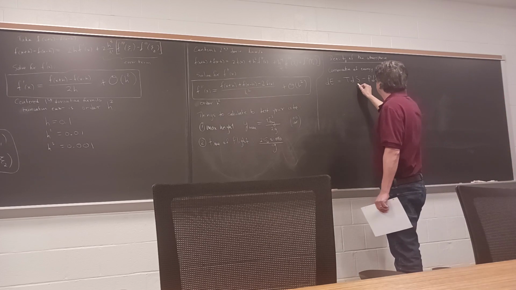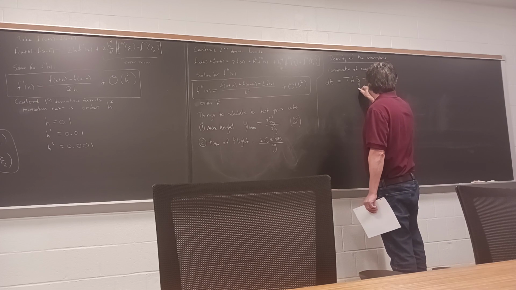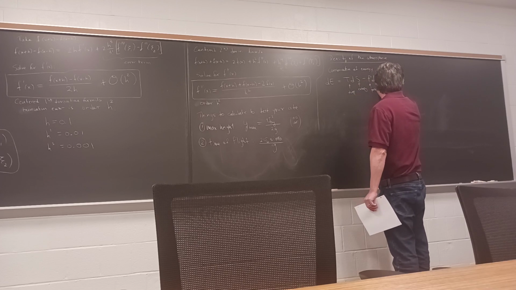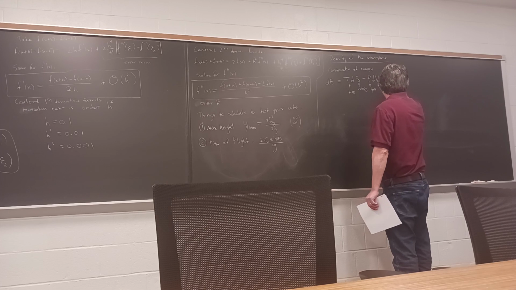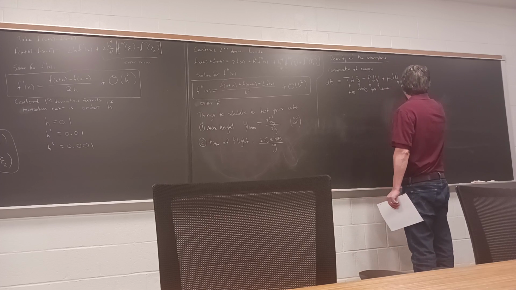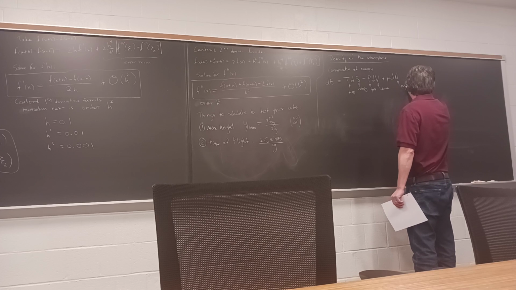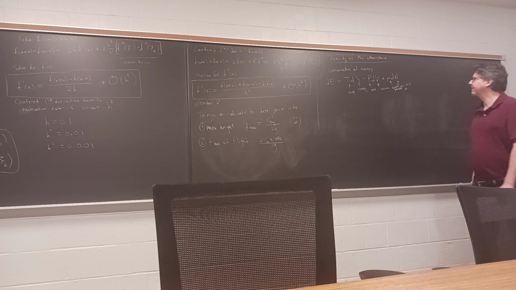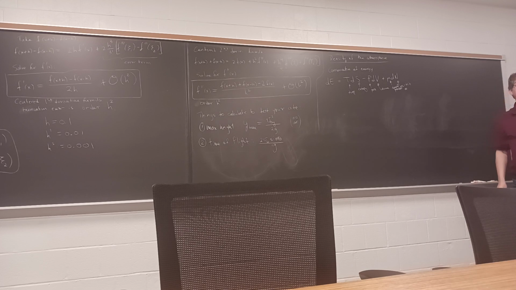Okay, well, S is the entropy, T is the temperature, P is the pressure, V is the volume, N is the particle number, and mu is what's called the chemical potential. Okay, so it just expresses the conservation of energy.